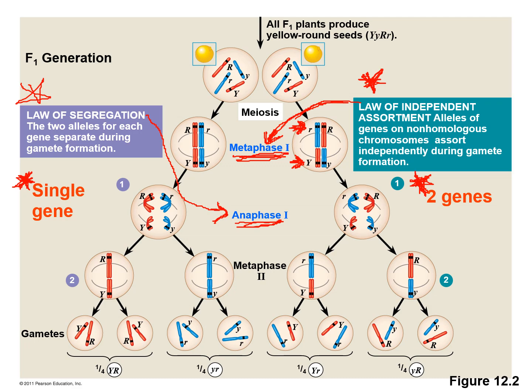Humans have 23 chromosomes in their gametes, don't they? So in humans, the number of possible gametes that we can produce is you take 2 and raise it to the 23rd power.